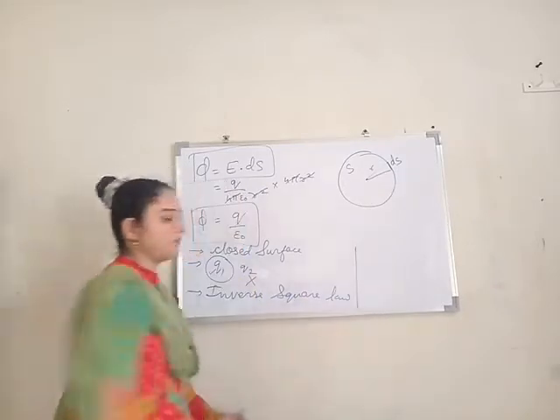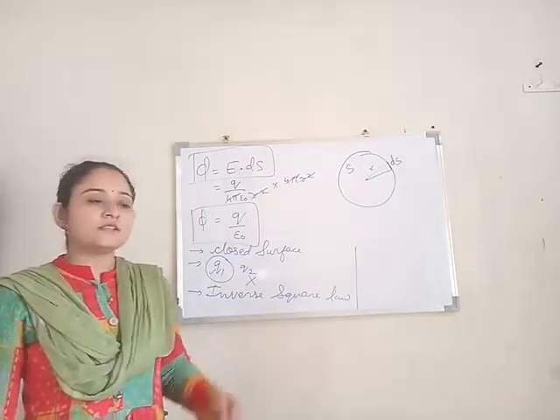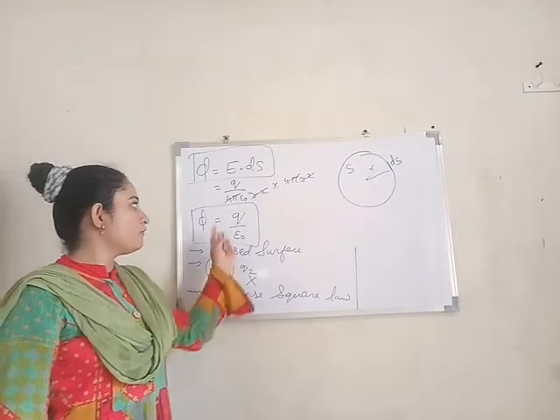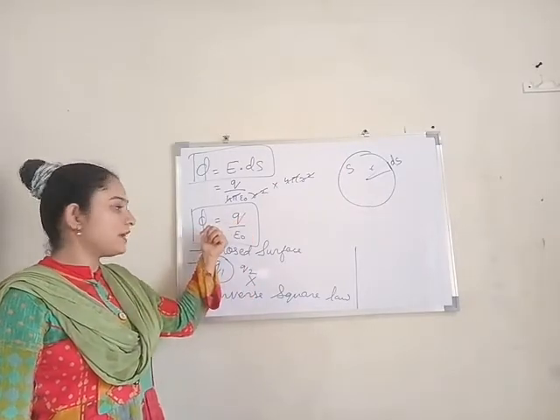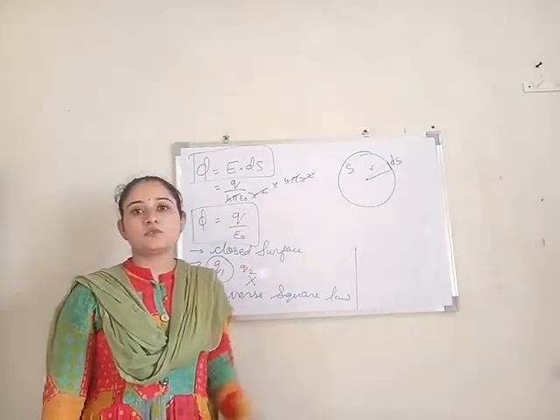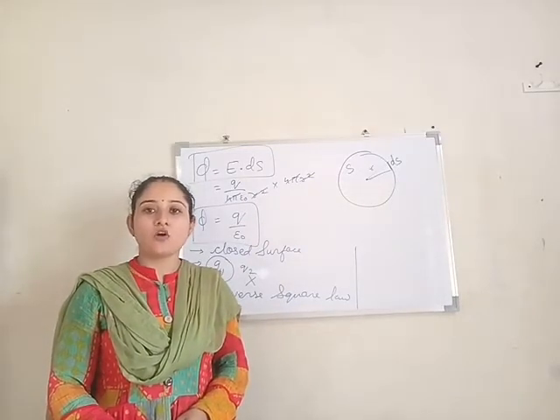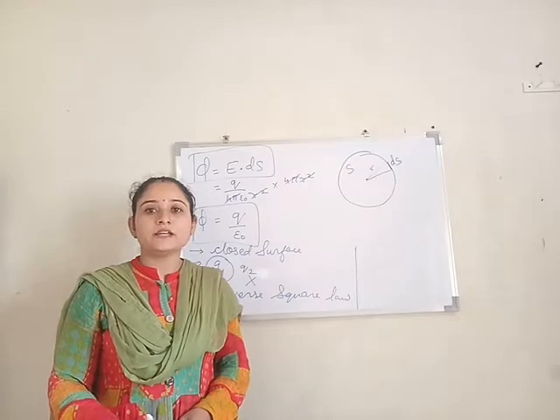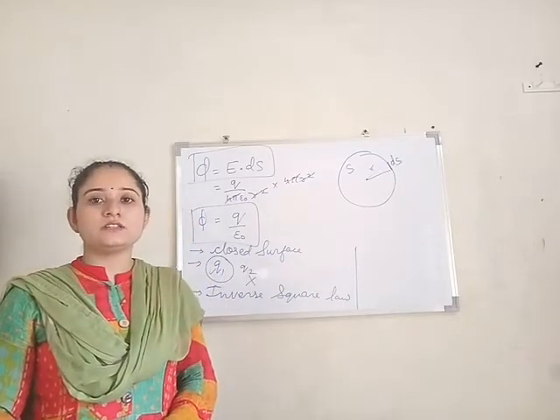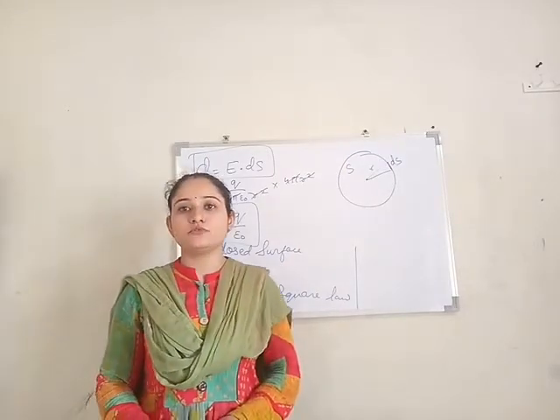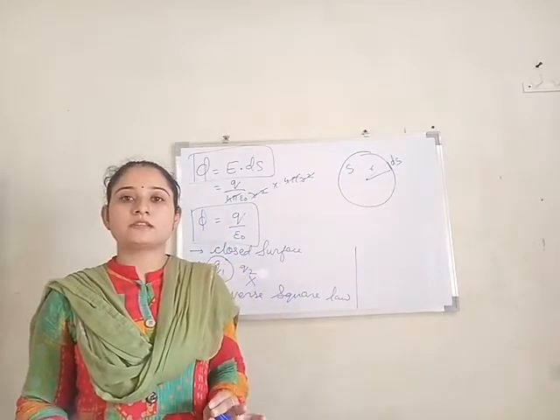The surface which we take for this flux is known as the Gaussian surface. We can take any surface as the Gaussian surface, but it should be continuous in nature. A continuous charge distributed surface can be taken.